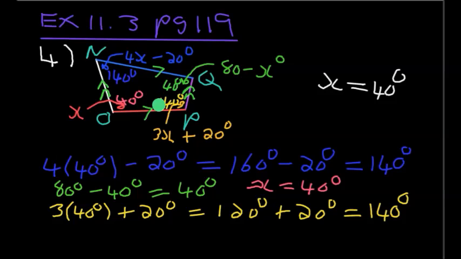Okay, so next, what about the parallelogram? Now, there's no specific indication of a parallelogram in terms of the exact angle size, but what we know is the opposite angles need to be the same. And guess what? 140 for blue, 140 for yellow, 40 for red, 40 for green. So this is in fact therefore a parallelogram.